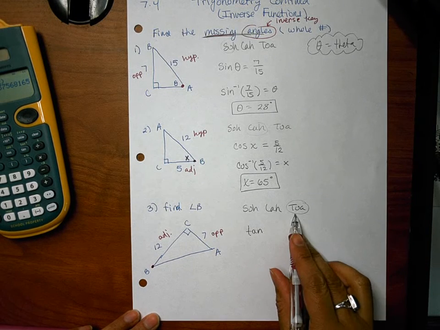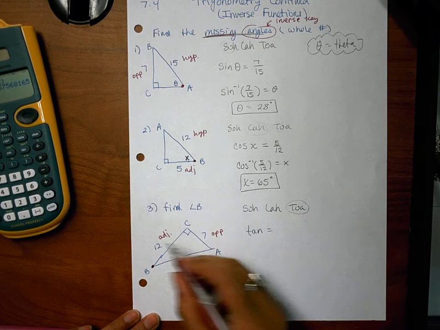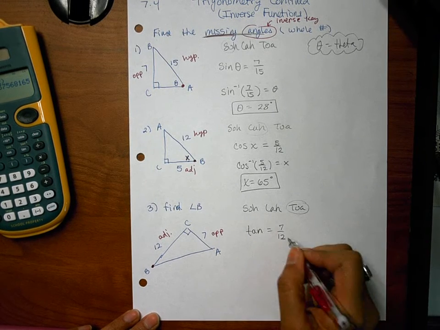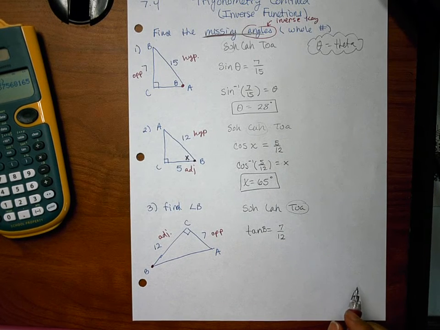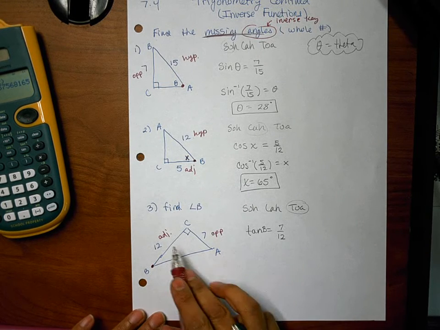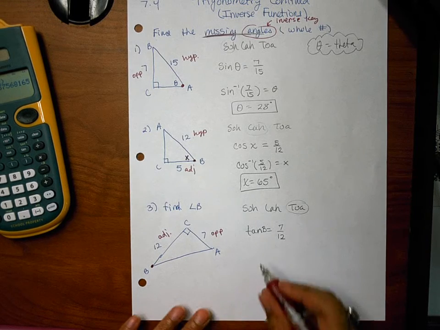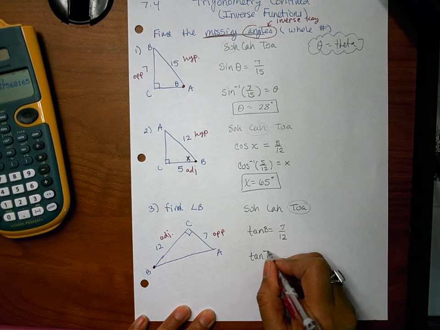That is the tangent, so that's how we know which function to use. Tangent is opposite over adjacent, that's 7/12. Oh, forgot my angle, angle B. You always use an angle. Do not ever do tangent of 12 or tangent of 7. That's not going to work.